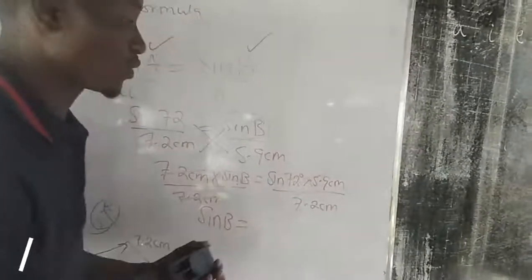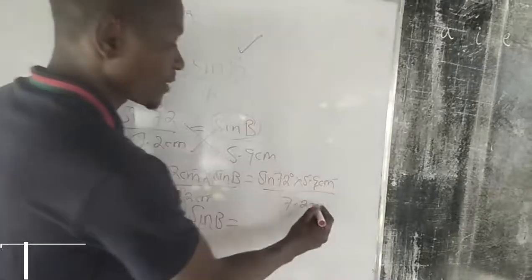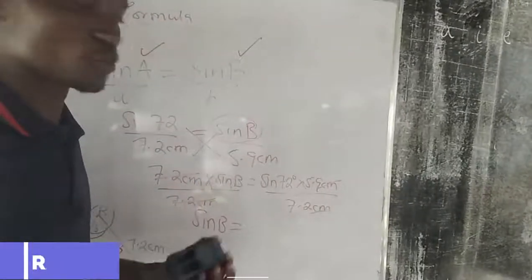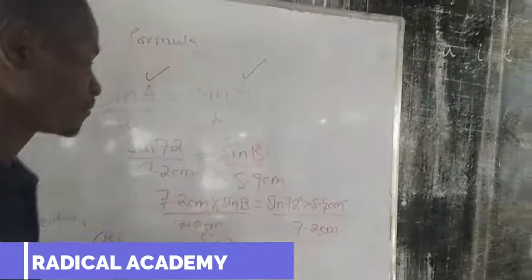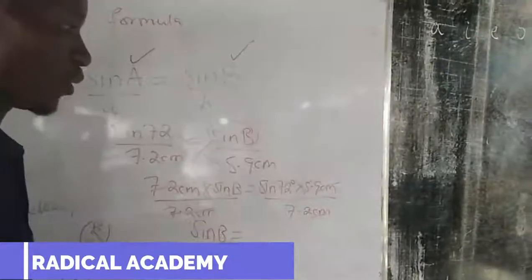So what you're just supposed to do is you cancel the units, since our final answer should be in angles. So we don't need the centimeters anymore. Okay, so you cancel only the centimeter.